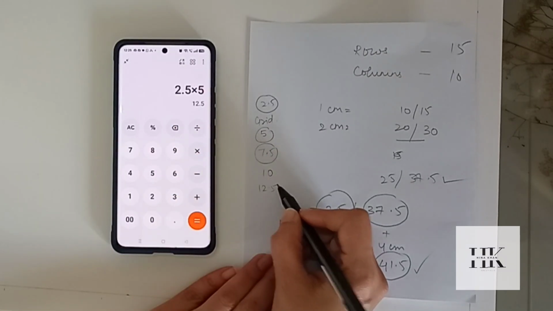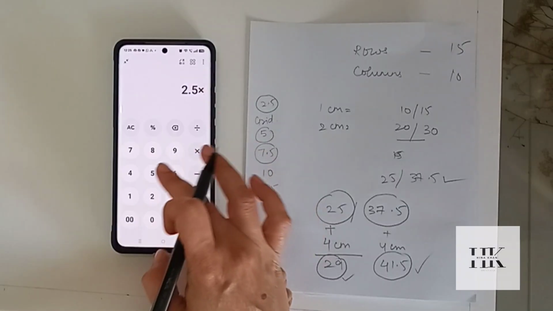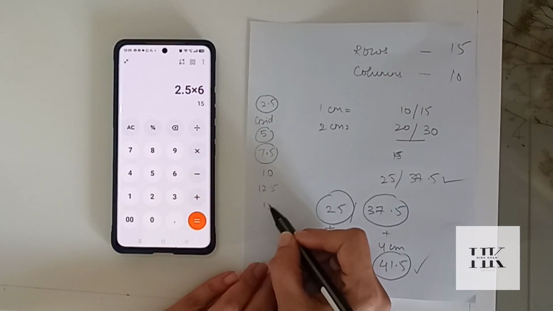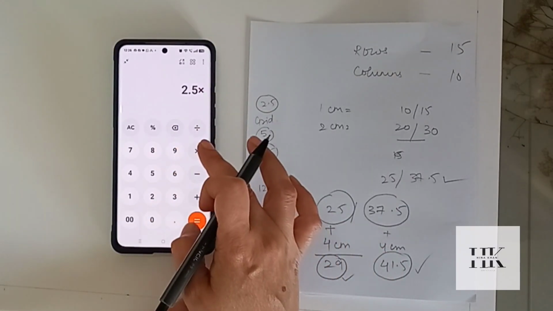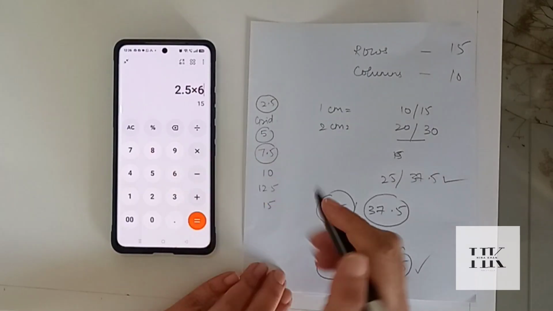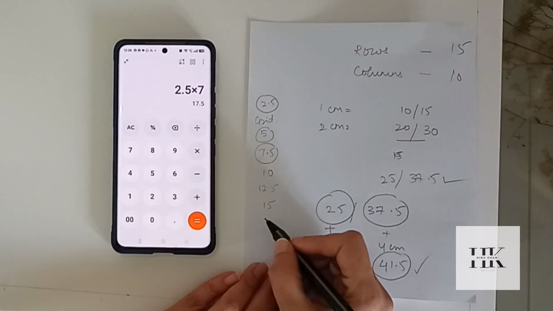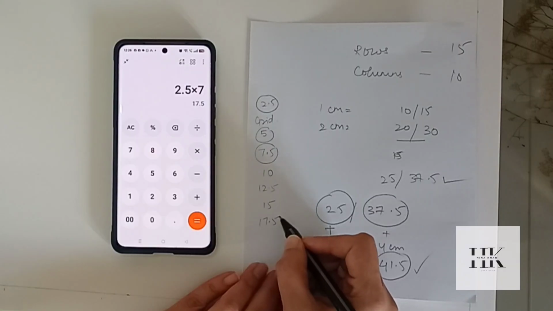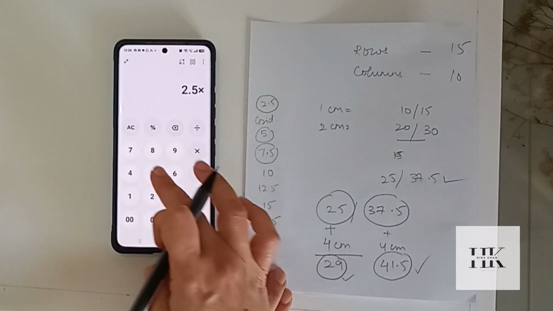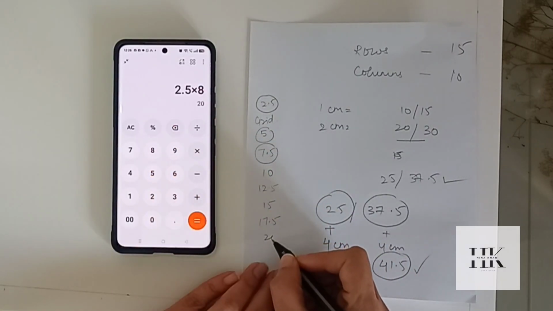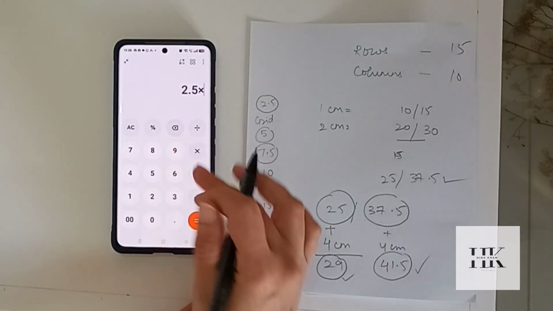So like that, you can calculate the remaining numbers till your actual length comes, that is 25 or 37.5. So that way you are just looking at these numbers rather than doing the calculation and rather than being very conscious about your marking. So this makes our life very easy when we are marking the grid on the paper.